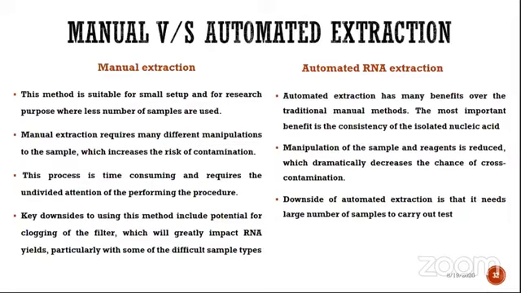One key downside of this method is the potential clogging. We are using a silica-based filter membrane, and we receive different types of samples. Sometimes we receive samples from patients which are more viscous, and it is very difficult to take out and process these samples.